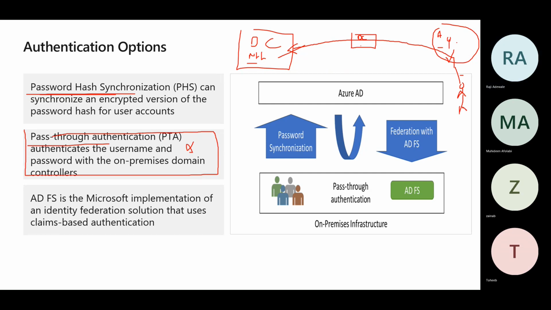Anybody? If you are setting up a hybrid and you have pass-through authentication, what would be the most common challenge you'd typically have? Any idea? Nobody?